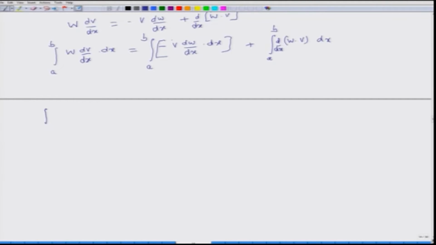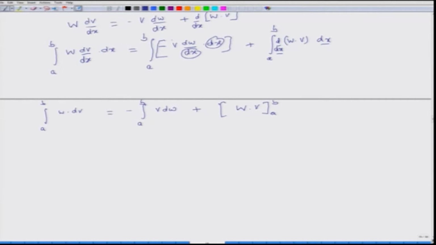So this is w times dv integral from a to b, and this equals, so this dx and dx, they can cancel each other. So I get basically a to b v dw plus again this dx and dx, they cancel, and essentially when I integrate this, I get w times v a to b.